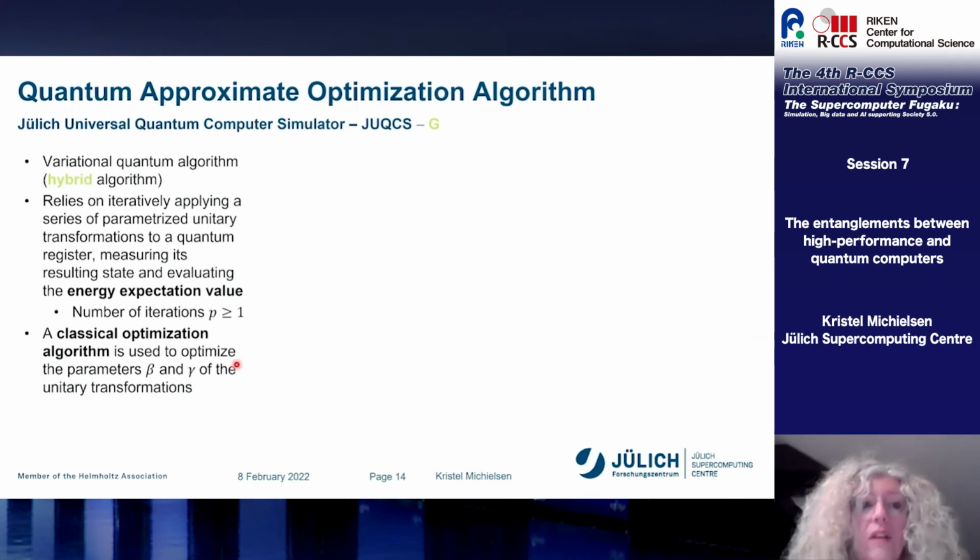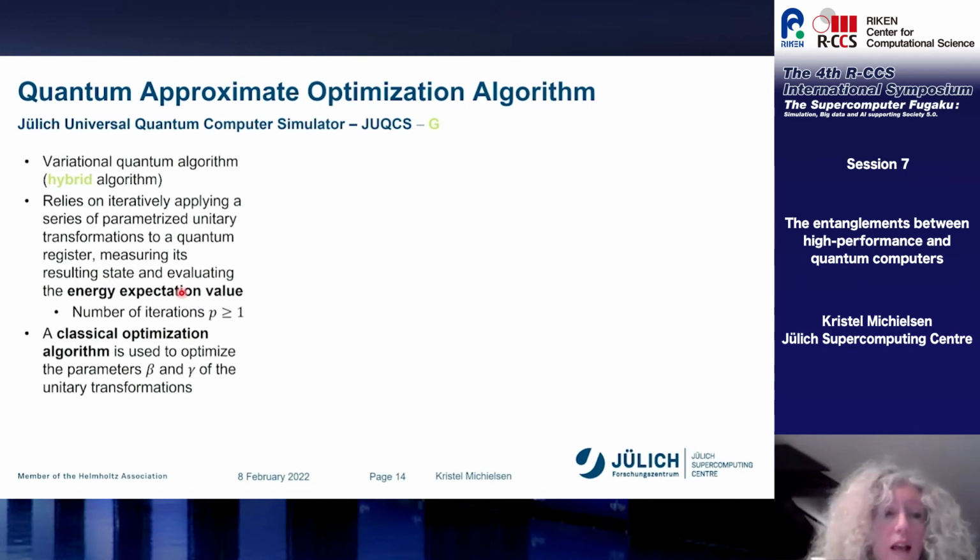So we then look at the quantum approximate optimization algorithm, which you know is a variational quantum algorithm. It's a hybrid version. It consists of two parts, a quantum part to calculate the energy expectation value of the quantum system. And this calculation relies on an iterative process in which one applies a series of parameterized unitary transformations to the quantum system.